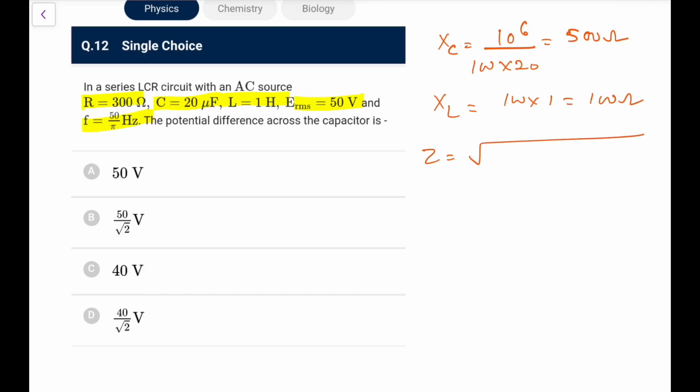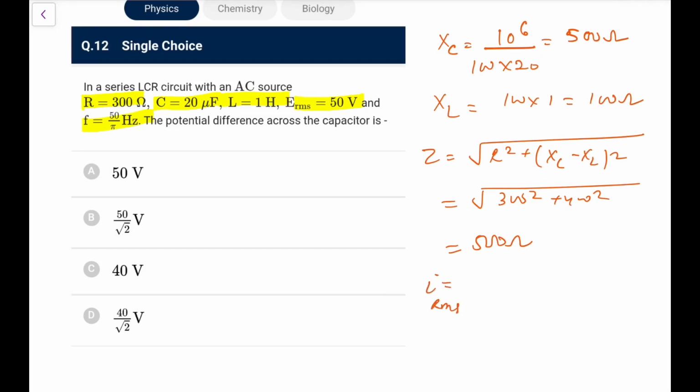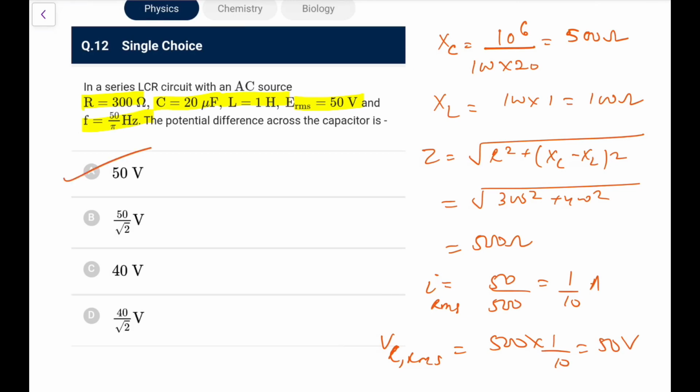Z is the square root of R square plus (XC minus XL) whole square, that is 300 square plus 400 square, that is 500 ohms. So the RMS current flowing in the loop would be 50 upon 500, that is 1 by 10 amperes. So V across the capacitor, RMS value, would be equal to 500 into 1 by 10, that is 50 volt you can go for. So the potential difference across the capacitor is 50 volt in this case.